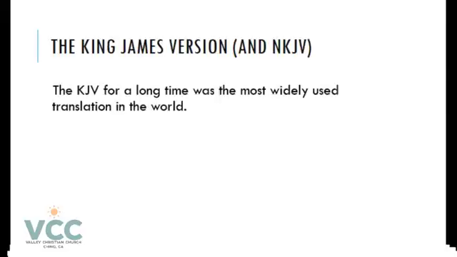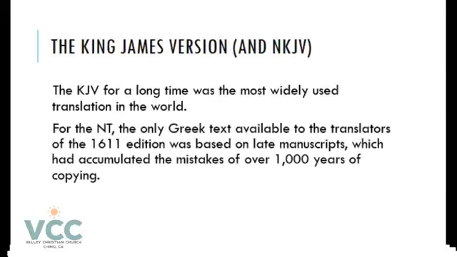The King James Version for a long time was the most widely used translation in the world. For the New Testament, the only Greek text available to the translators of the 1611 edition was based on late manuscripts, which had accumulated the mistakes of over 1,000 years of copying.